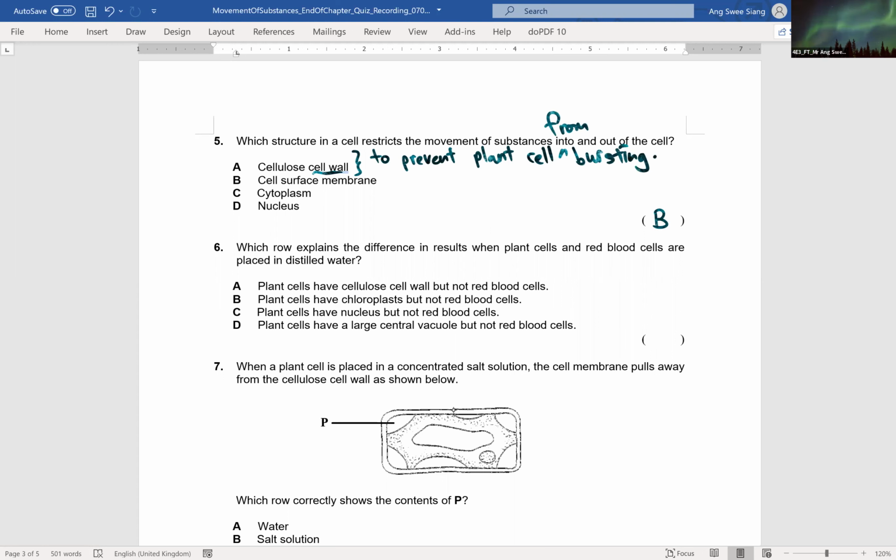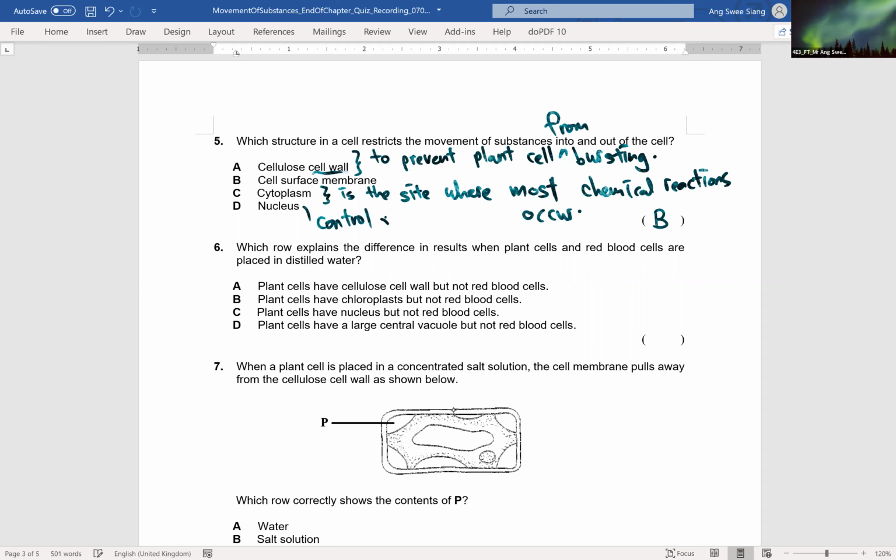Then cytoplasm is the site where most chemical reactions occur in the cell. Then nucleus, the function of the nucleus is that it controls all activities in a cell.